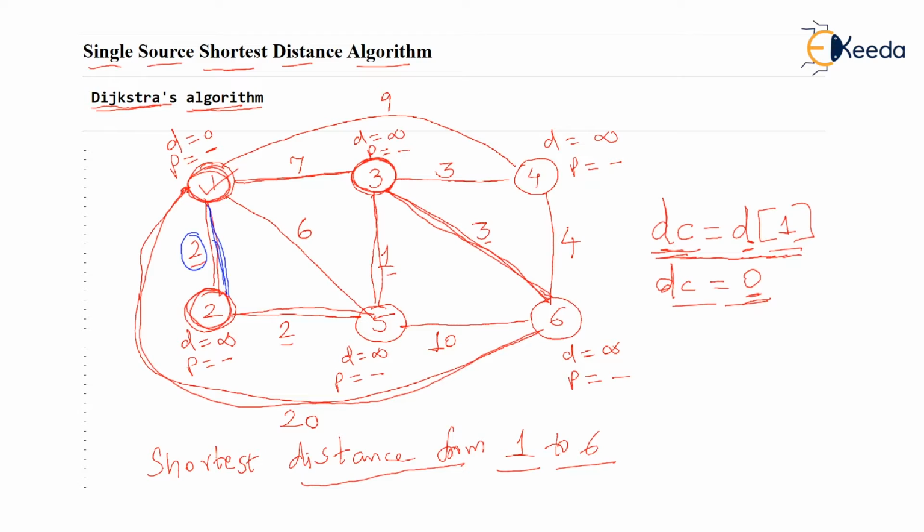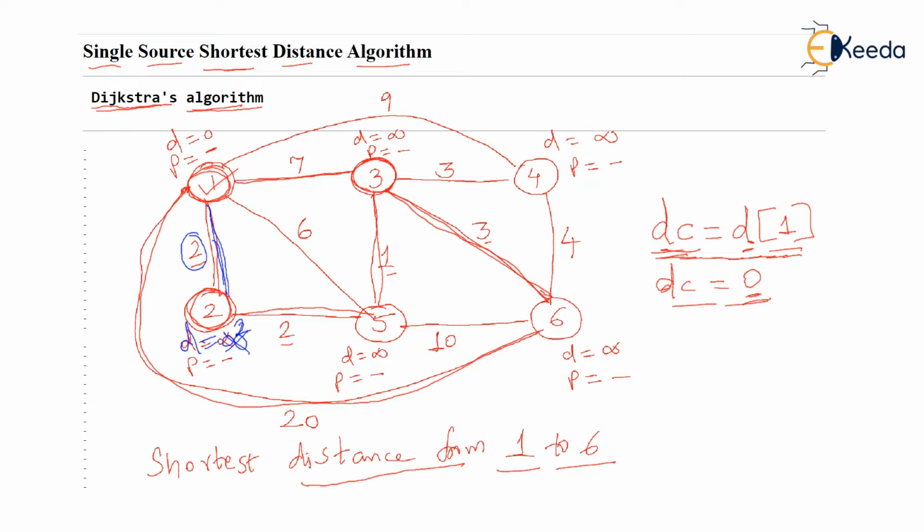And now we compare d at the second vertex. You notice d at the second vertex is currently infinity. Now we are trying to reduce the distance in this algorithm. Shortest distance is our aim. Then the distance currently is larger, infinity is larger, so we will update this distance to 2.